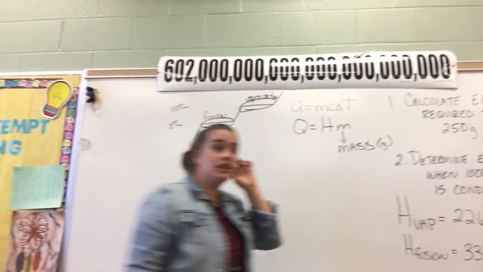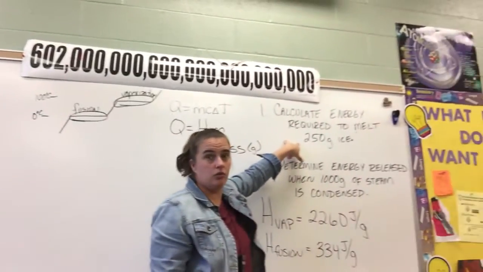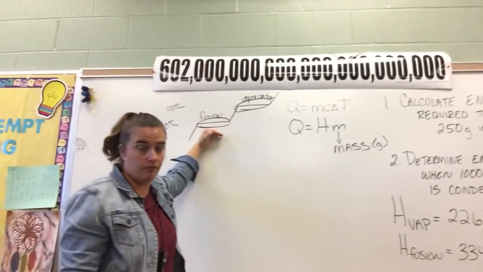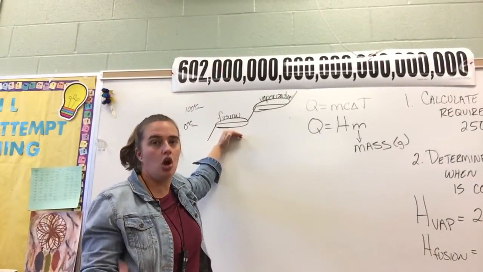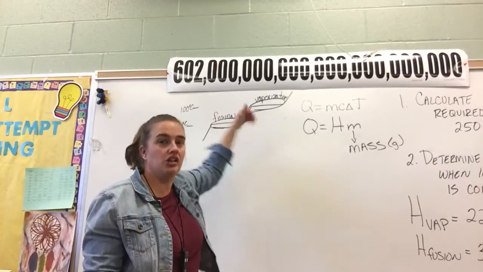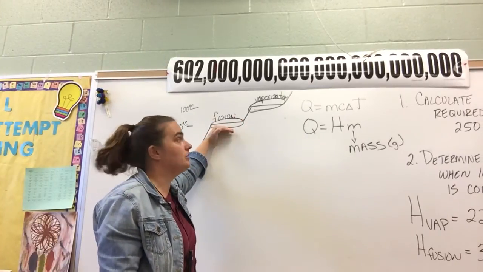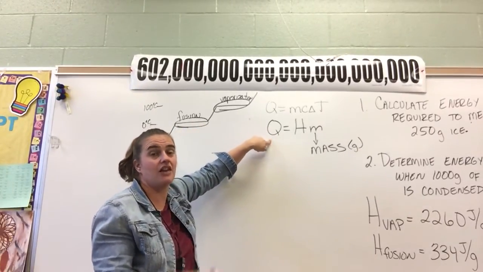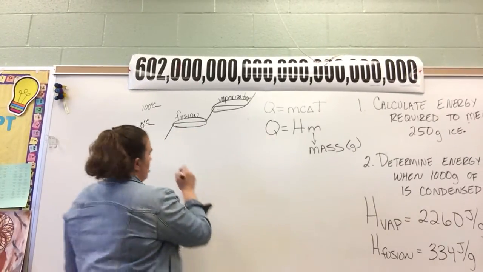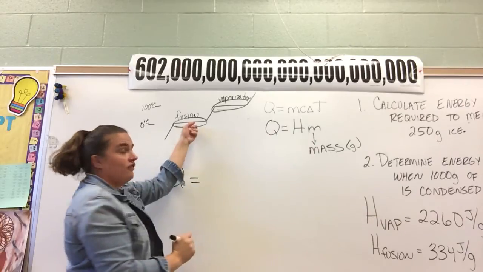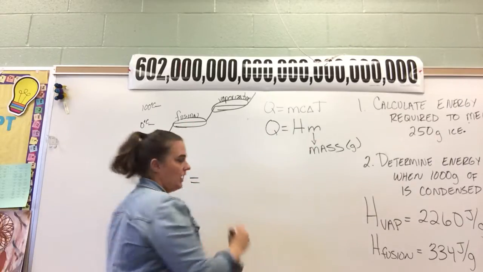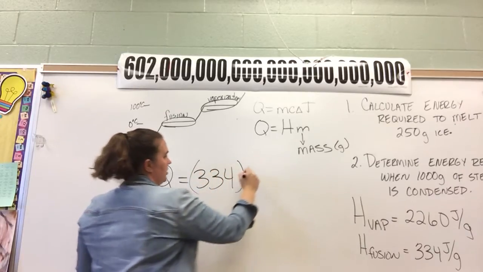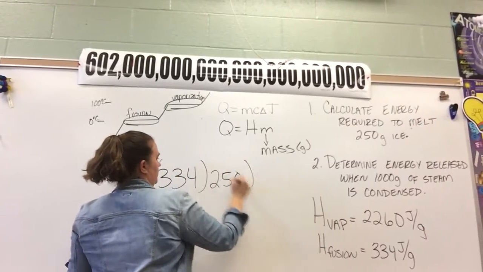In the first problem that I asked you, I'm melting, so I know I am on this first plateau. This is why it's so critical that you know, when I say melting, where on this curve you're at. I am right here, which means I'm going to use Q equals H times M because I have no change in temperature. I'm at my fusion, so I'm going to use my fusion value, 334, and my mass, trying to melt 250 grams of water.